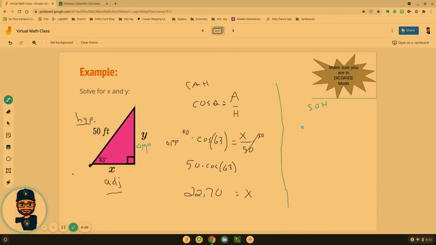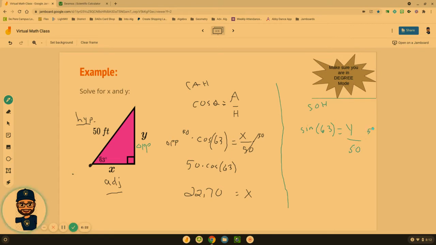The sine of our angle, in this case 63, equals the opposite leg, which we don't know, so that's y, over the hypotenuse, which is 50. How do I get y by itself?